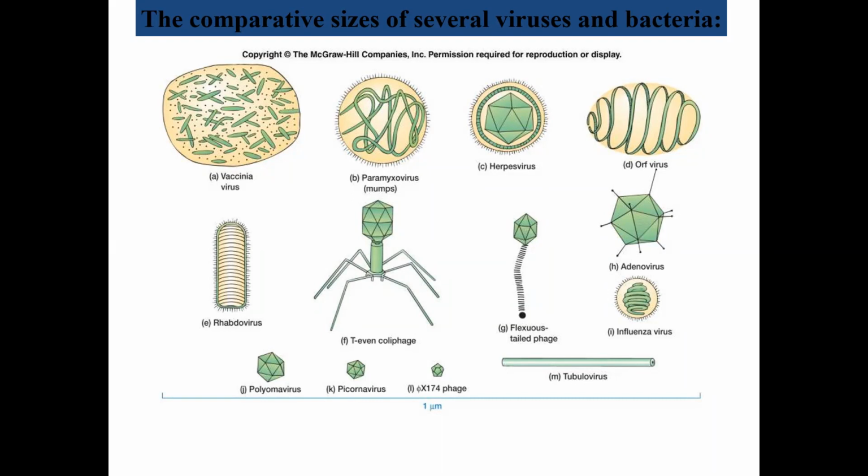So we're seeing there some of the extremely small viruses. You have your poliovirus, a bit larger is your influenza virus, your T-even coliphage. If you look at structure F, that is exactly what a bacteriophage looks like. Those are the types of viruses that infect bacteria, I should say.